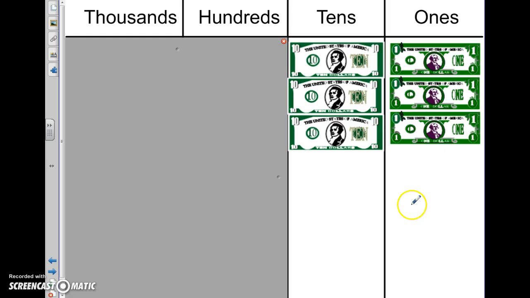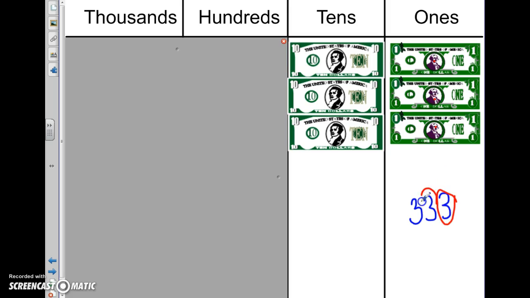Now let's say that I gave you $333 just because you're that great of a student. I wanted to have a hole burn in my pocket. I wanted to give you $333. Now, again, this is way more than one digit, right? So I only can have one digit here, this is the ones place, right? So I have my 1, 2, 3 here.